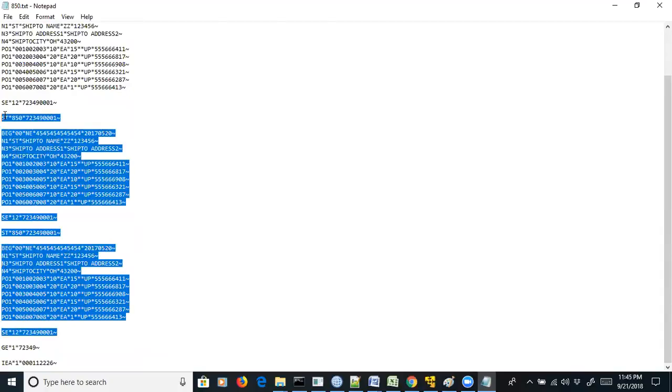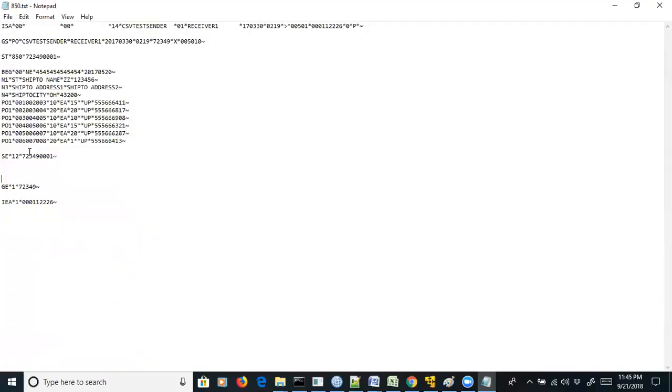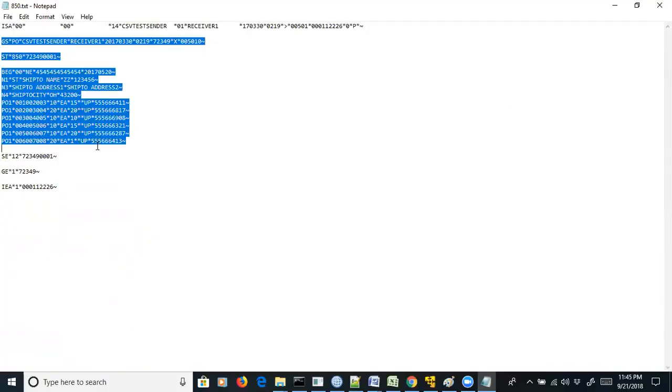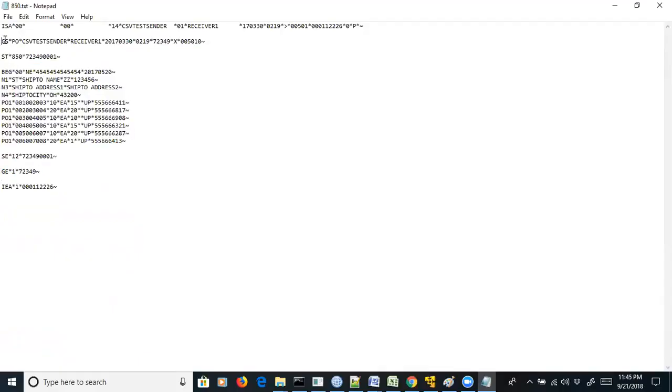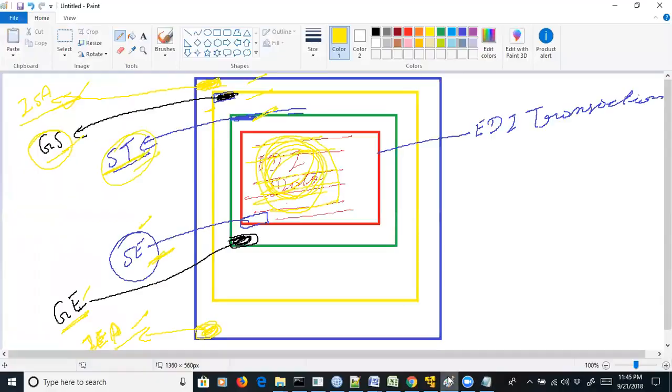So this is your GE, group envelope, GS and GE. This is the story of GS and GE, right? Then you have ISA and IEA, which together we call the interchange envelope, and which is the outermost envelope.